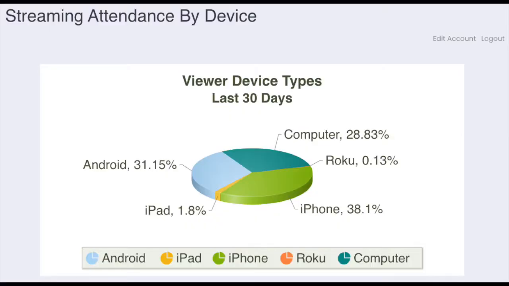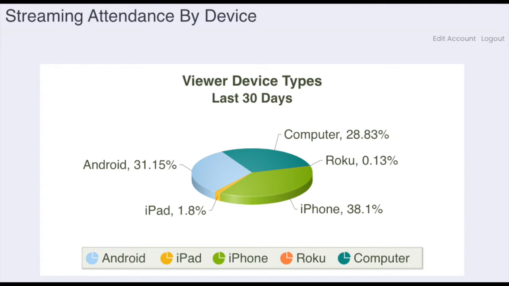The first one, you see here, is a church whose attendance in the last 30 days, these are people that watch their services, is about 28% computer, 0.13% Roku, iPhone at 38%, iPad at 2%, and Android at 30%.